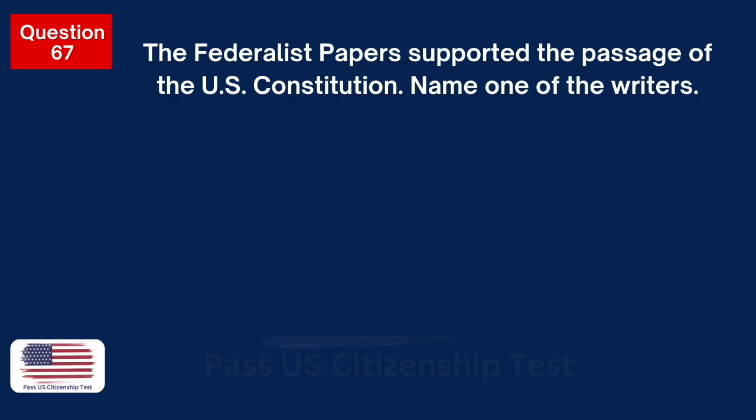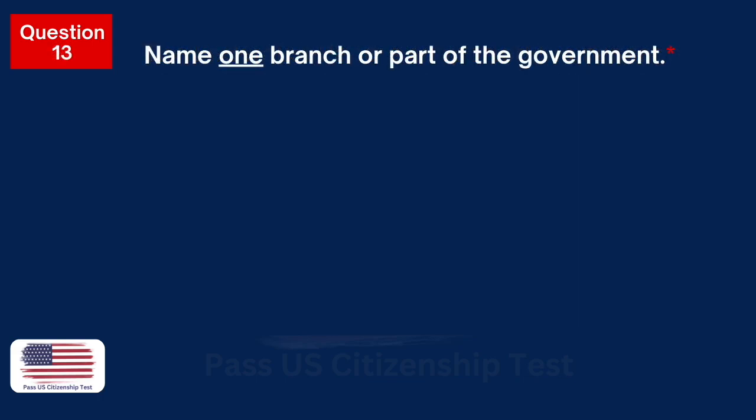The Federalist Papers supported the passage of the U.S. Constitution. Name one of the writers. James Madison. Name one branch or part of the government.